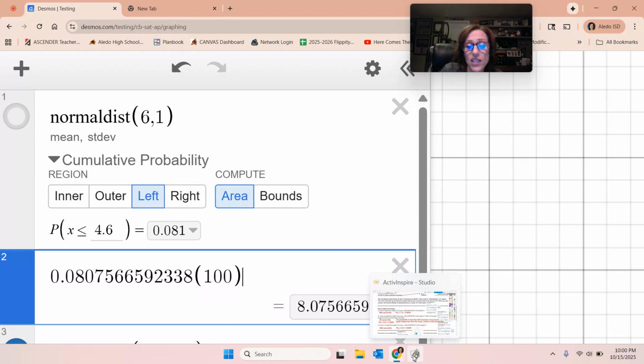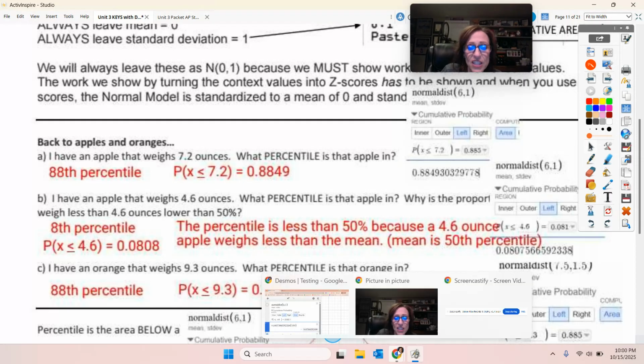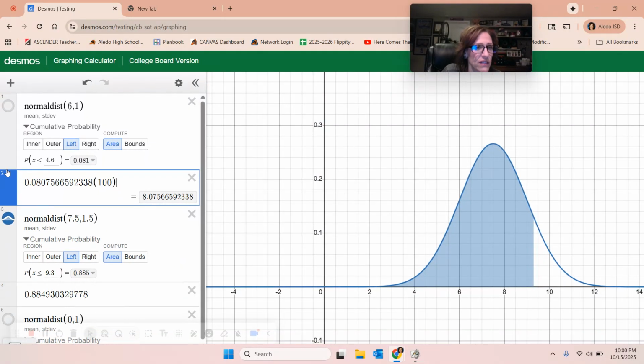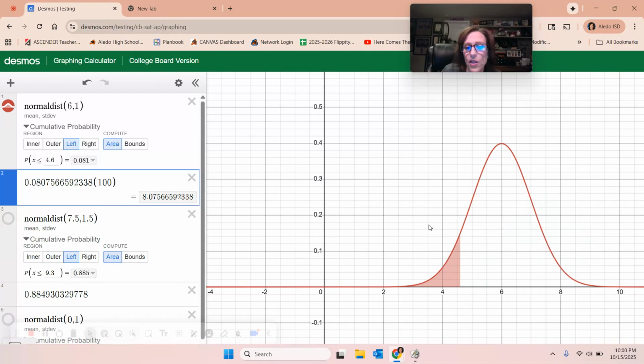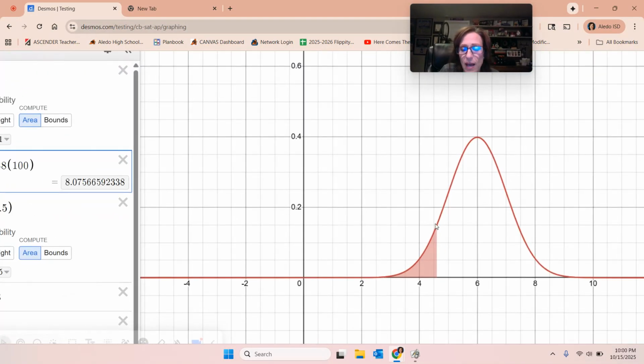The question also was, why is that number less than 50%? Well, if you visualize a picture of what's going on, let's go ahead and do that here. If I go see this guy right here, okay, then look at what's happening. See, this is at 4.6. It is below the mean.